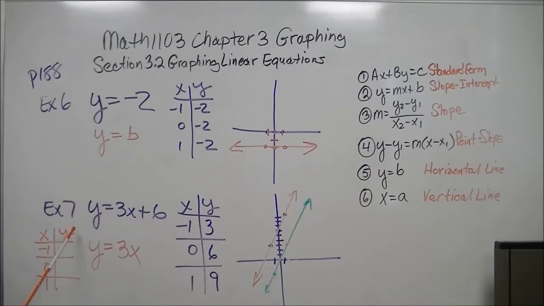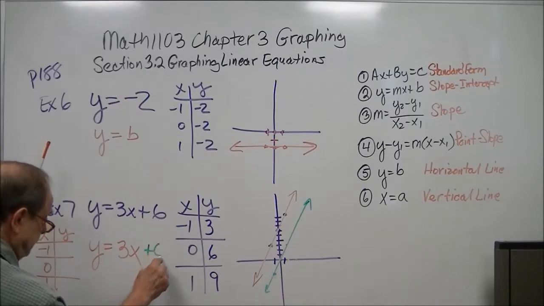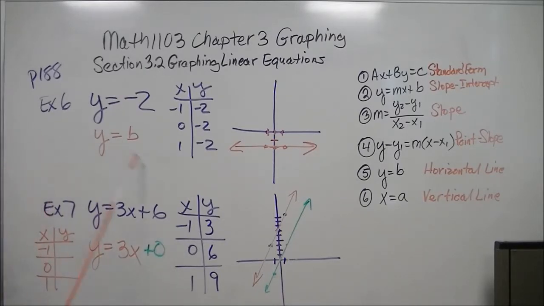Now as we look at this one a little more closely, we see y equals 3x plus 6. Now we recently did y equals 3x. Now when we did that, you notice it went through 0. Our y-intercept was 0. And it looked like this green line. When we put the t-chart and these values, we now get the red line.